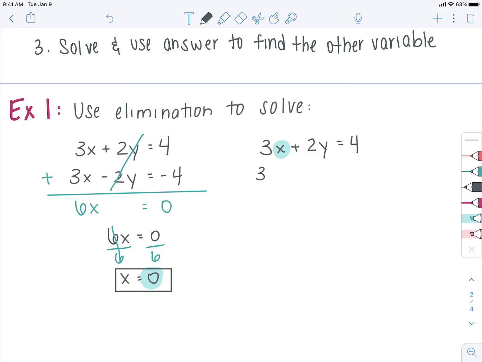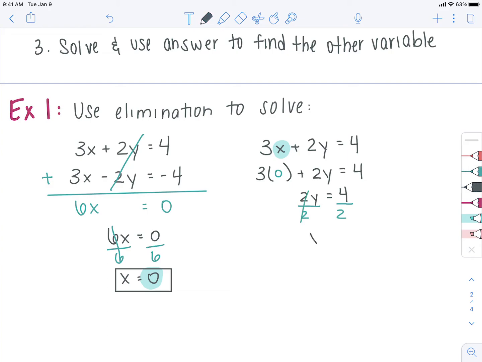So I'm going to say 3 times 0 plus 2y equals 4. And I'm going to solve for y, so 3 times 0 gives me 0. So I have 2y equals 4. I divide by 2.